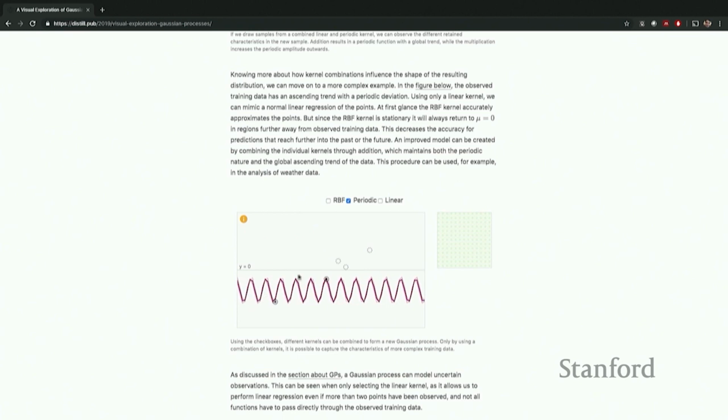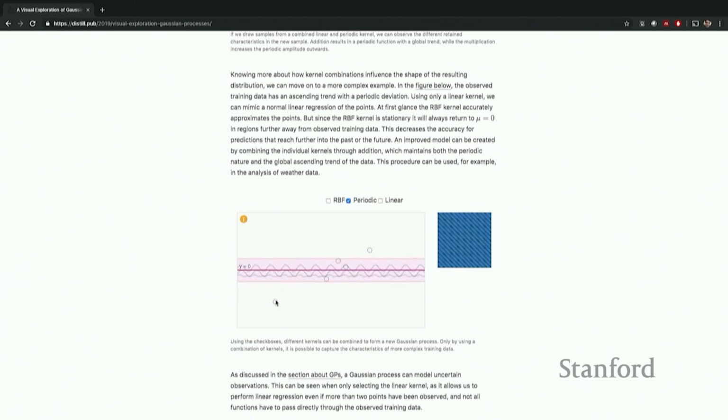The pink band represents the 95% range of the posterior distribution, and without conditioning, it's the 95% range of the prior distribution. Or you could use a combination of the two, compose the two kernels, and get something like this.